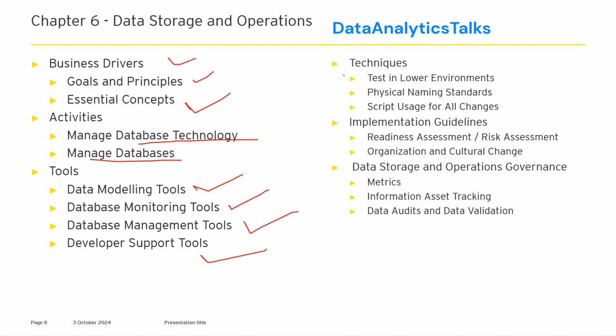It also talks about techniques like testing in lower environments, physical naming standards, script usage for all changes. Then it talks about implementation guidelines, readiness assessment, risk assessment, organization and cultural change. And finally, it talks about data storage and operational governance like metrics, information asset tracking, data audits, and data validation.